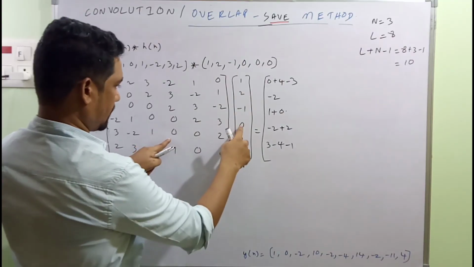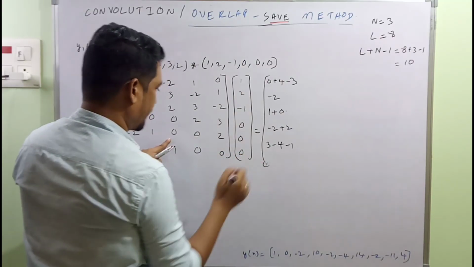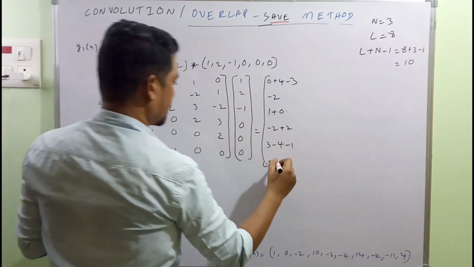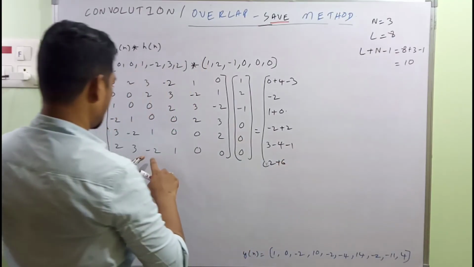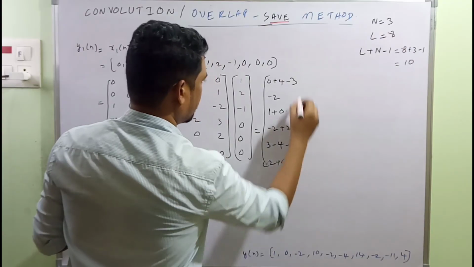And it's 3 zeros, so we don't need to bother about that. 2 ones, it's 2, 3 2s plus 6, and -2 and -1, that's +2, right?